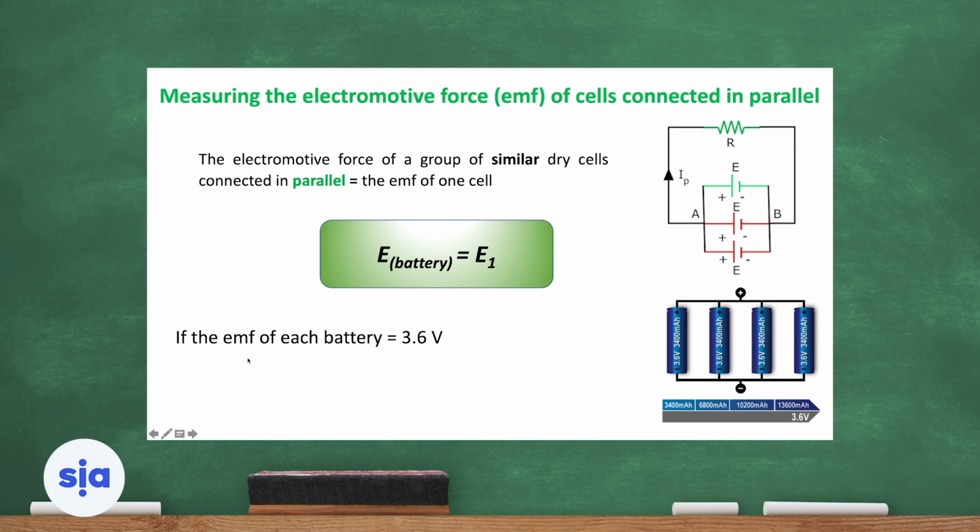If the electromotive force of each cell equals 3.6, so this is 3.6, this is 3.6, this is 3.6, and this is 3.6. If I ask you about the electromotive force of the whole battery, you will tell me that it is the electromotive force of one of them only, which is equal to 3.6 volt.